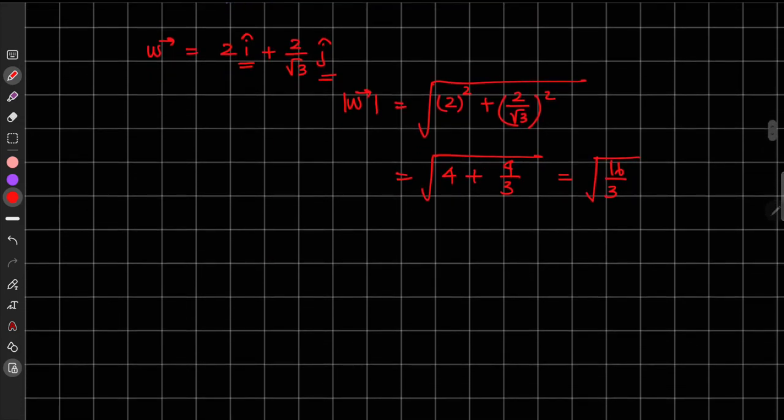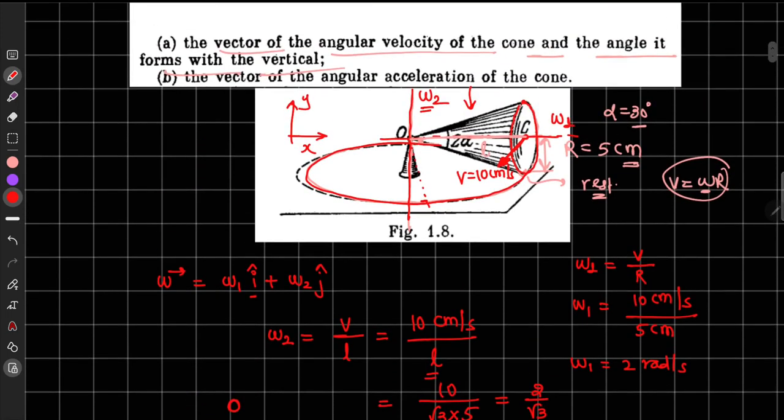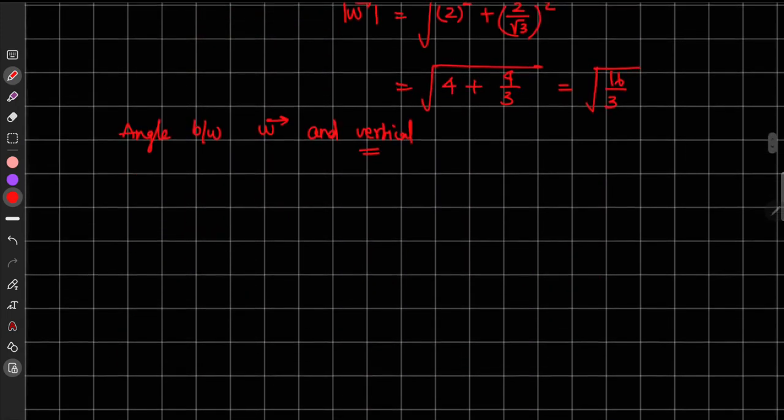Now in the same problem it is asking to find the angle between the angular velocity vector and the vertical direction, and we have defined the unit vector in the vertical direction, that is j cap. So we can write cos theta is equal to omega vector dot product with j cap, whole divided by the magnitude of the omega vector and the magnitude of j cap.